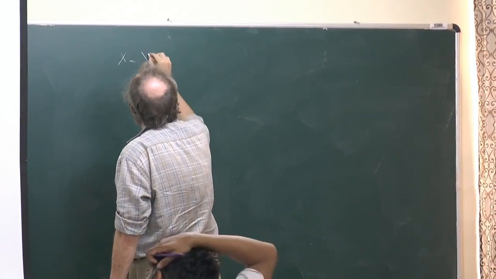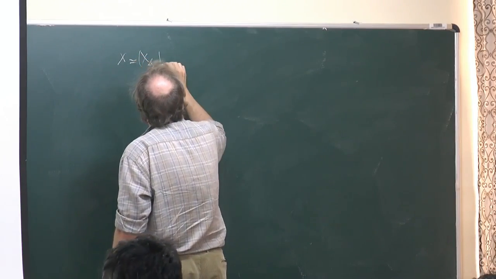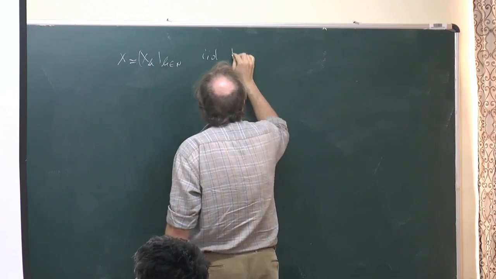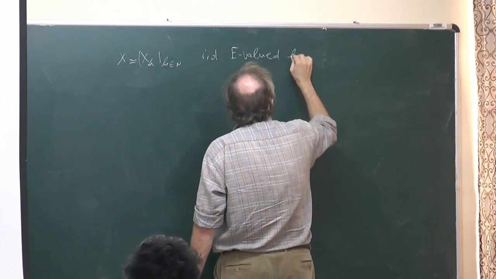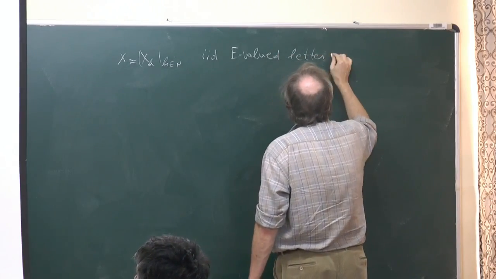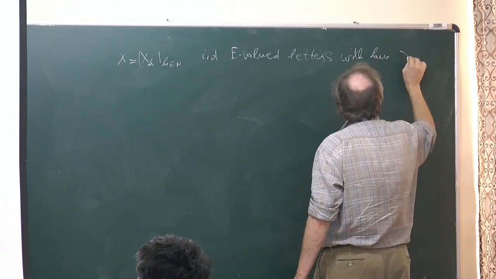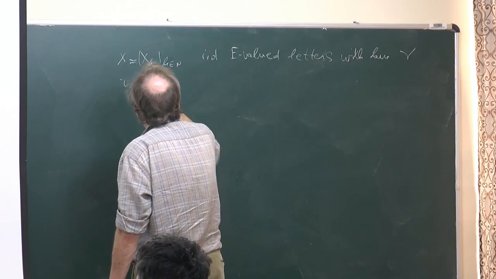So these are IID E-valued letters with law nu, and then I have tau, the tau_i's.